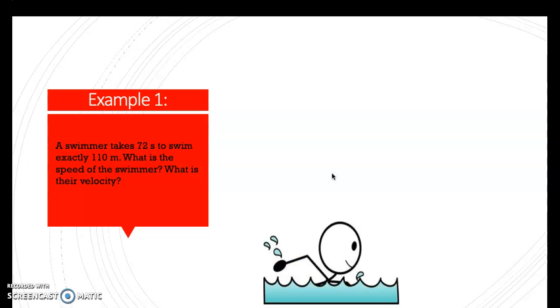So let's look at a couple examples. In the first example, a swimmer takes 72 seconds to swim exactly 110 meters. What is the speed of the swimmer and what is their velocity? The first thing you always want to do is list out what you know from the problem itself. So I list my three variables for my speed, distance, time equation.